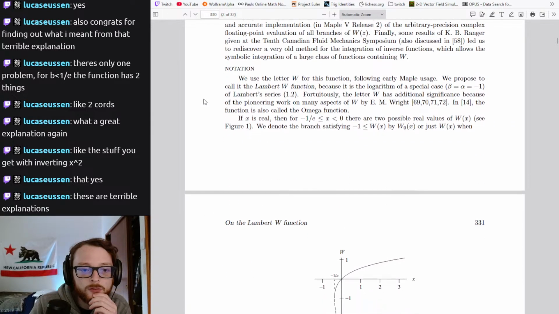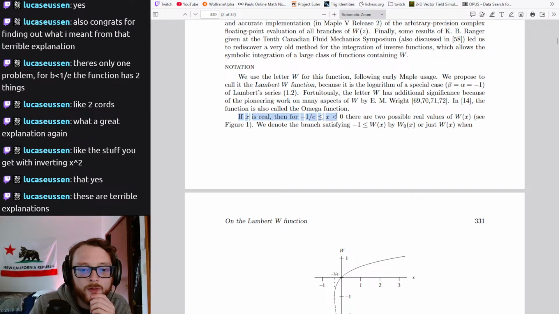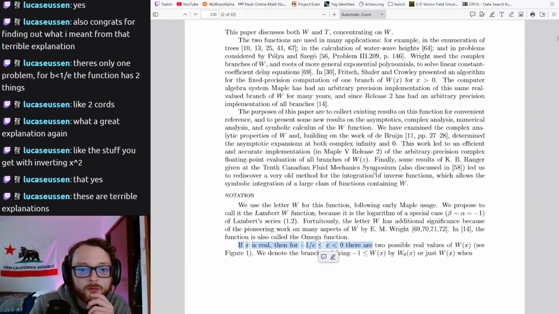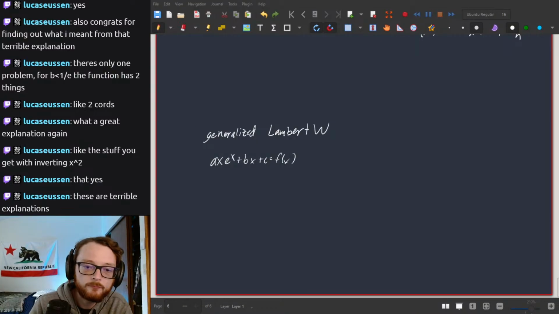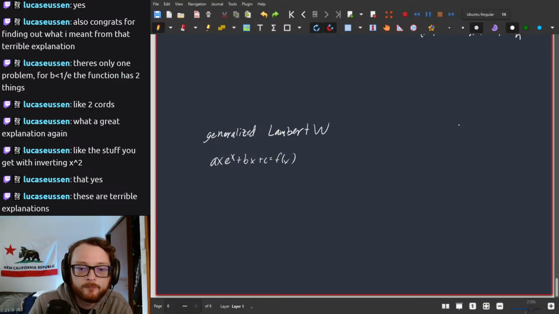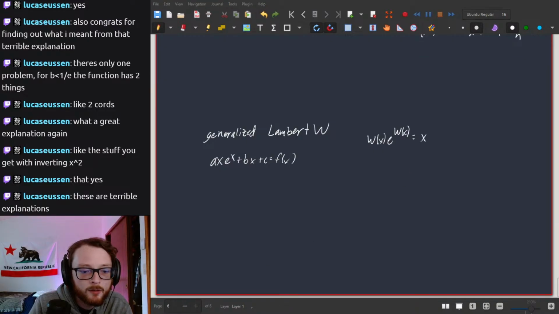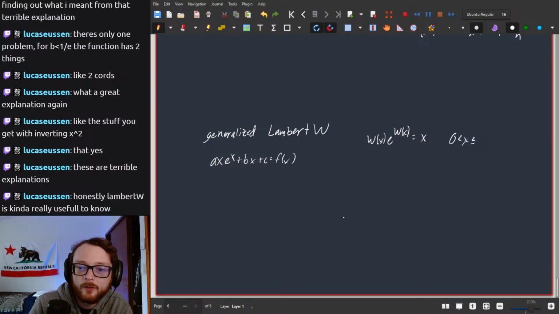Hmm. Why is this true? If x is real, for minus 1 over e is less than or equal to x. 0 less than x is less than 1 over e?